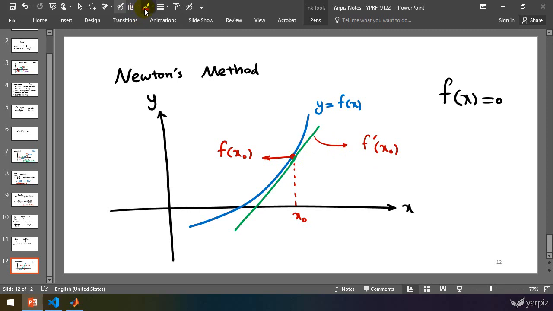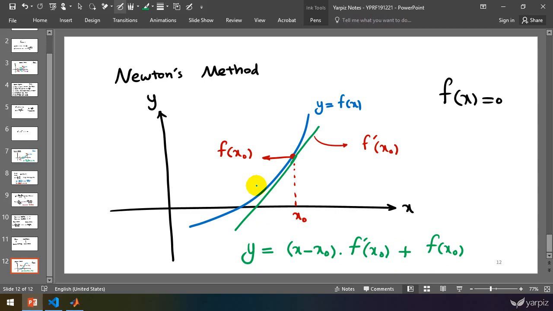And you know that you can express this tangent line by this equation, y equals (x minus x0) times f'(x0) plus f(x0), and that's the equation of this tangent line.